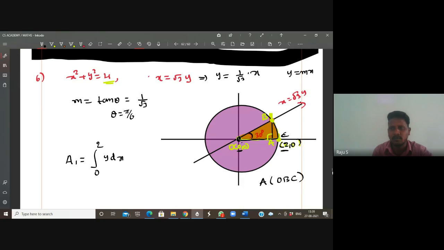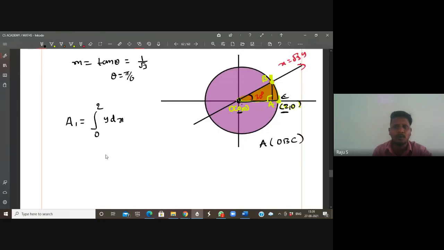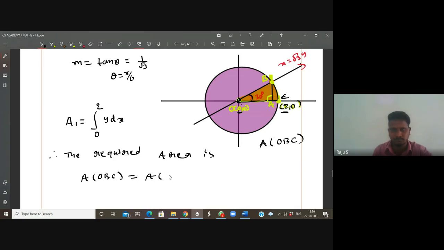We require to find OBC, the required area. This area of OBC can be written as area of OAB plus area of BAC.